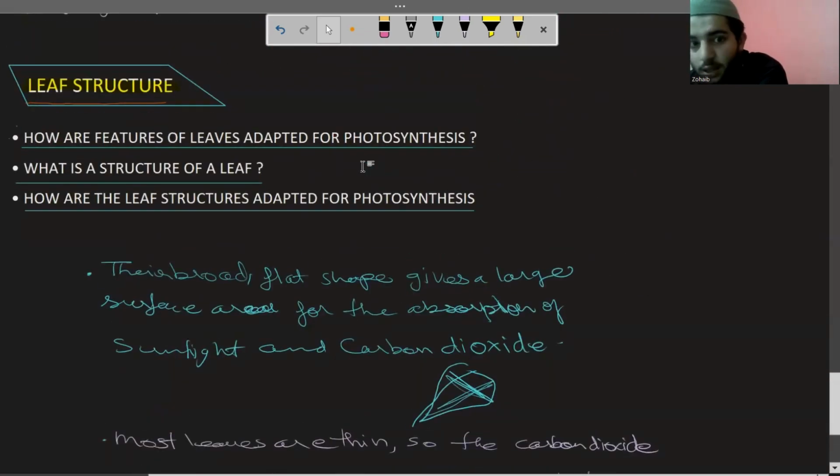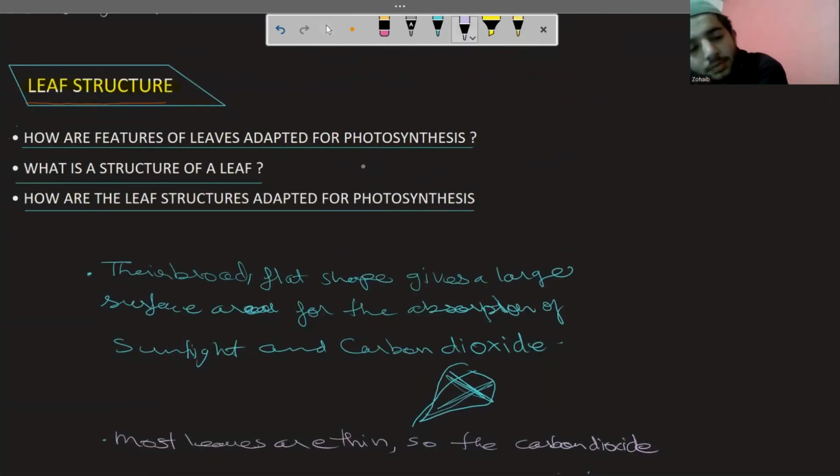Now, we have discussed the two features. The first feature is the broad shape.